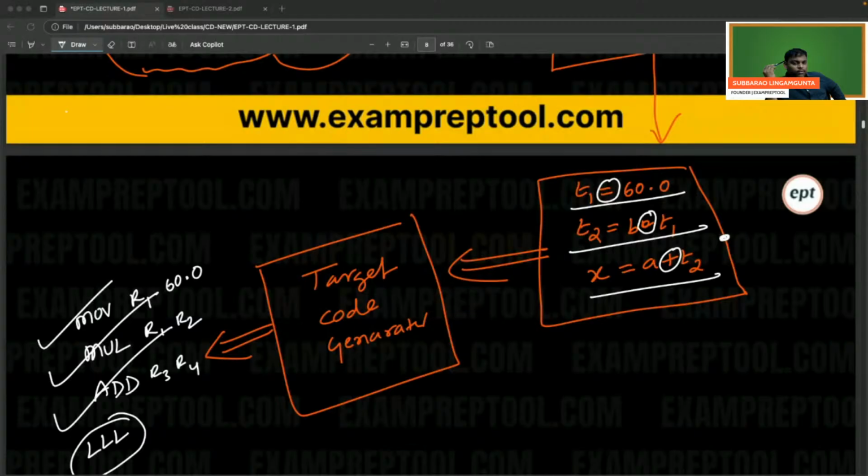Everyone respond. In symbol table, types there or not there? Types there. Okay, types there.